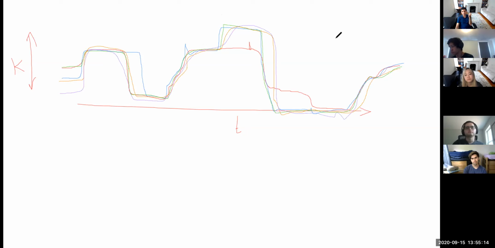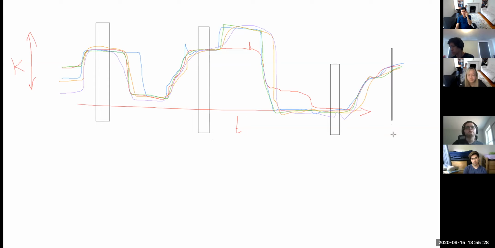And now I can say, if I take this position here, what state am I in? And if I take this position here, what state am I in? And all of these black locations are pretty confident. They all agree that, for example, this is the exon state, and that's also the exon state, and that's clearly an intron state, and that's clearly a 3' UTR state, okay?